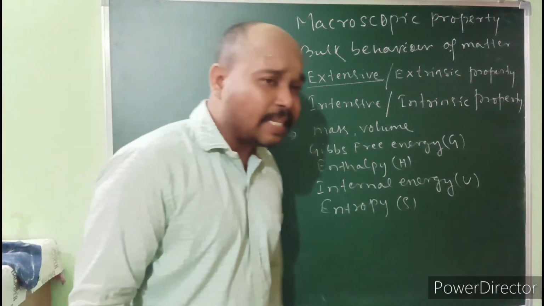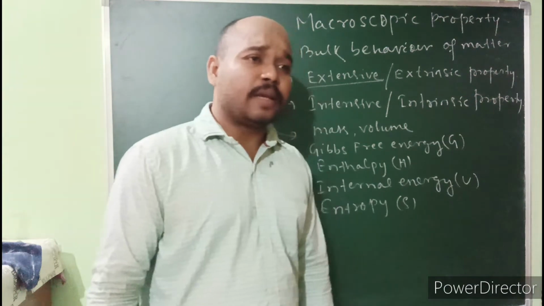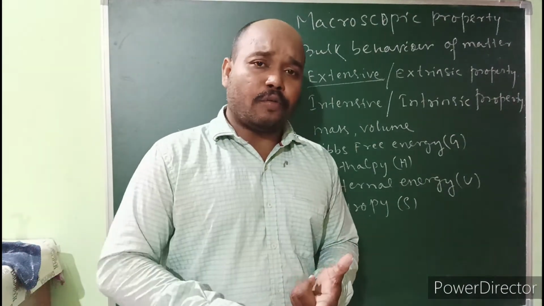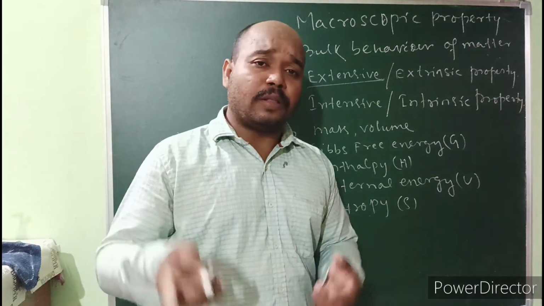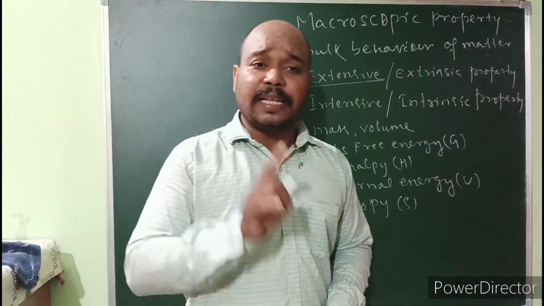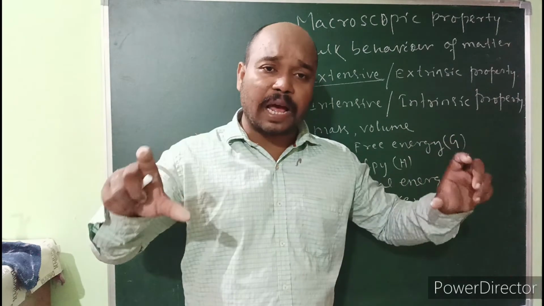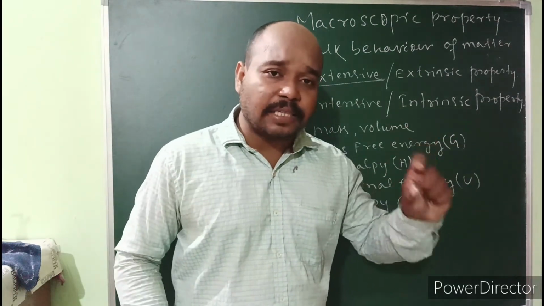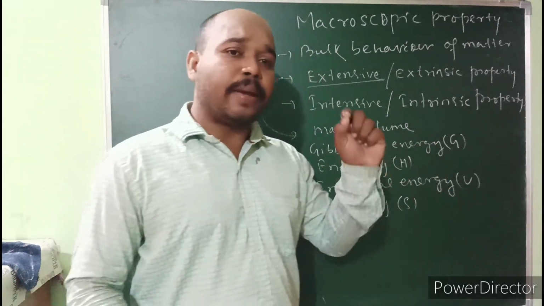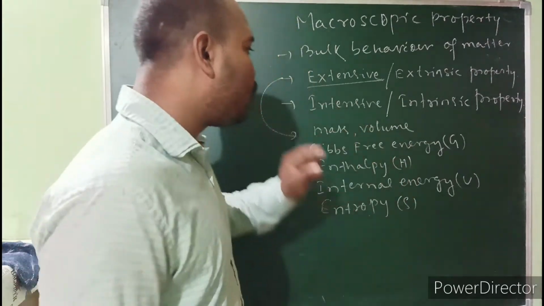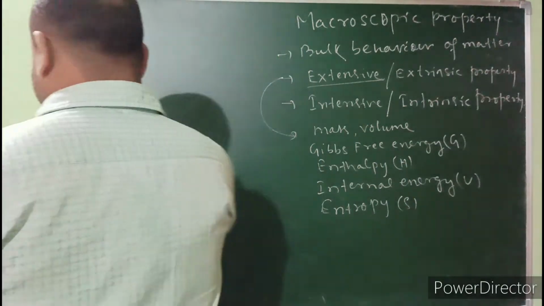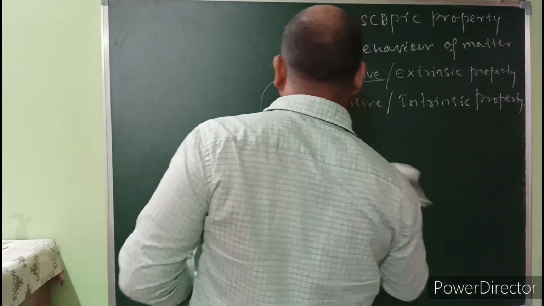Now what about intensive or intrinsic property? A macroscopic property which does not depend upon the amount of substance present in the system. If I make two equal halves of the same substance, density, taste, concentration will remain the same. That's why they are called intensive properties.